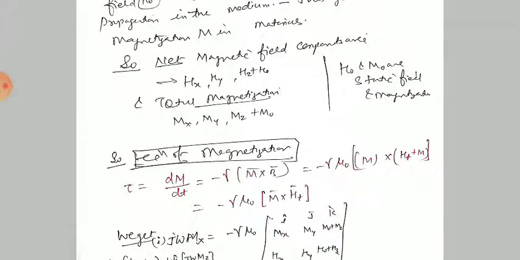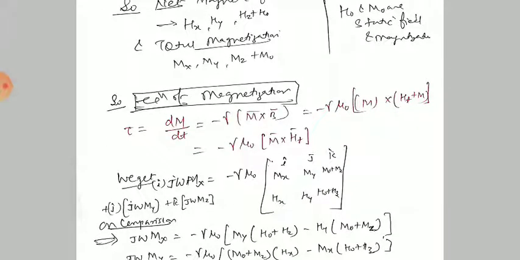The equation of the magnetization can be written: tau equal to dM by dt equal to minus gamma M cross B. In place of this we can also write minus gamma mu0 M cross Ht, and in determinant form we can write in components: i j omega Mx plus j j omega My plus k j omega Mz equal to minus gamma mu0 determinant of i j k, Mx My (M0 plus Mz), Hx Hy (H0 plus Hz).